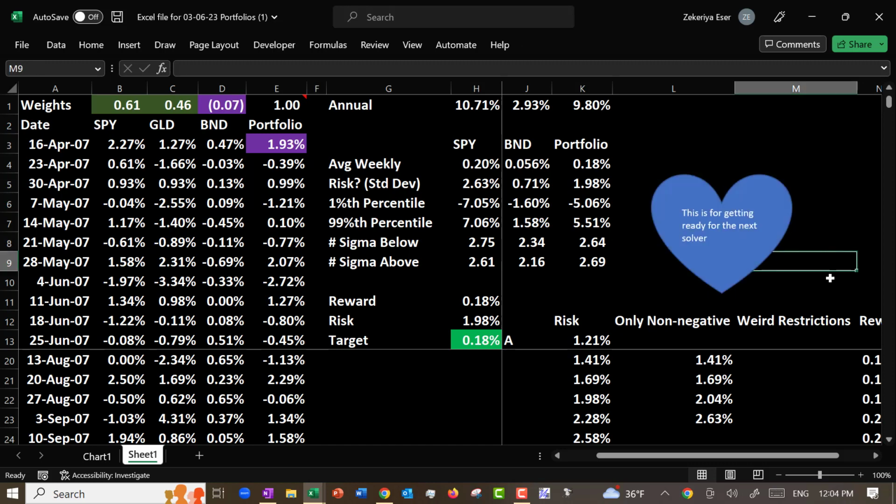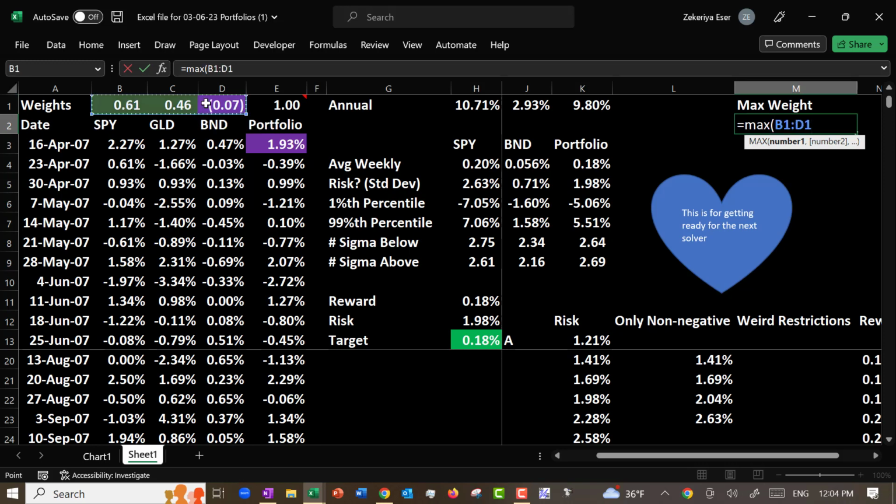All right. I'm gonna put in, let's do this. Max weight. Maximum of these weights, okay? So when I'm imposing the restriction that no weight shall be greater than 150, if that max weight is less than or equal to 150, we're home, right?